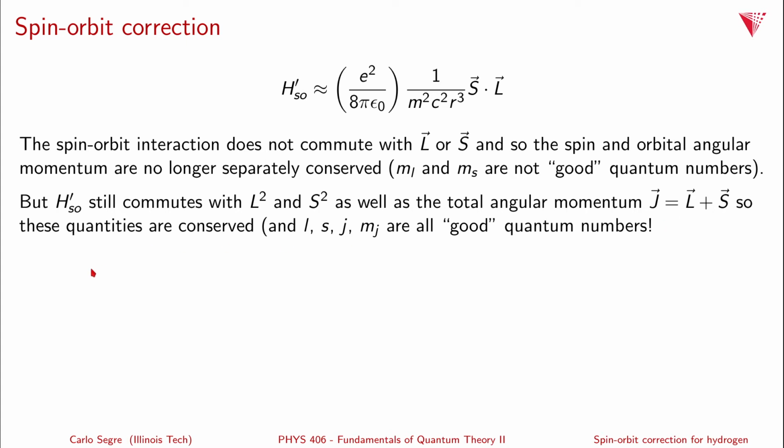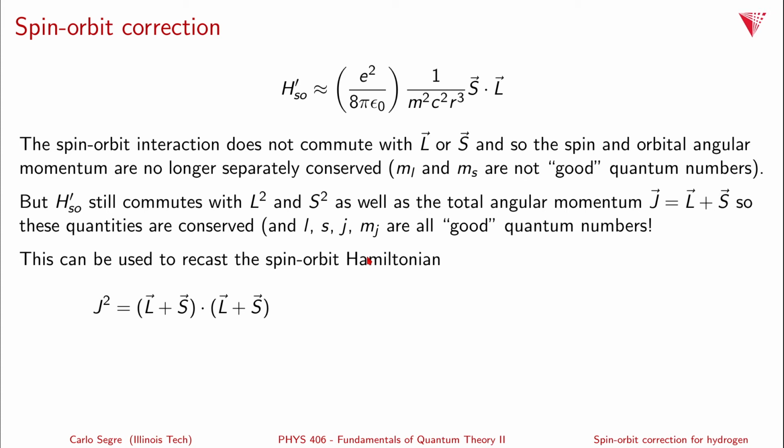So these quantities are conserved, and the good quantum numbers are then L, S, J, M sub J, and of course N, which is the principal quantum number of the hydrogen atom. So we can use the fact that we can rewrite this in terms of J to recast this interaction S dot L in terms of J, L, and S squared that we can actually calculate.